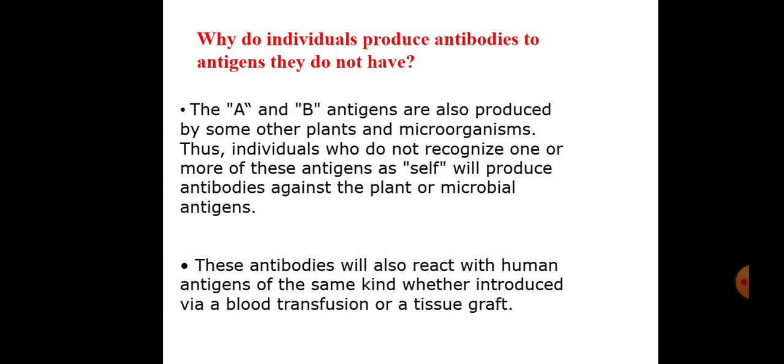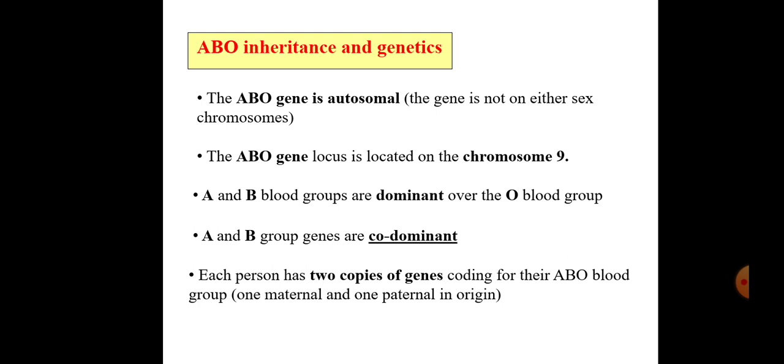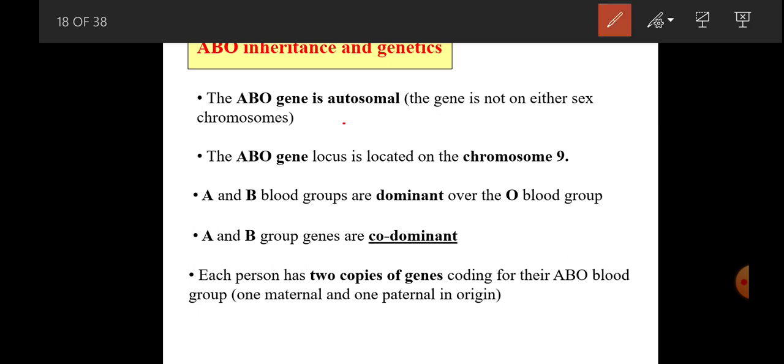If we look at the specifics of how these antibodies and antigens are produced, we may not go into the details of that, but this is a little backdrop of what you've seen, that ABO are not sex-linked. These genes are not sex-linked. And ABO, of course, are located in the chromosome like all the other genes. And this particular term, locus, means the specific position of that particular gene.